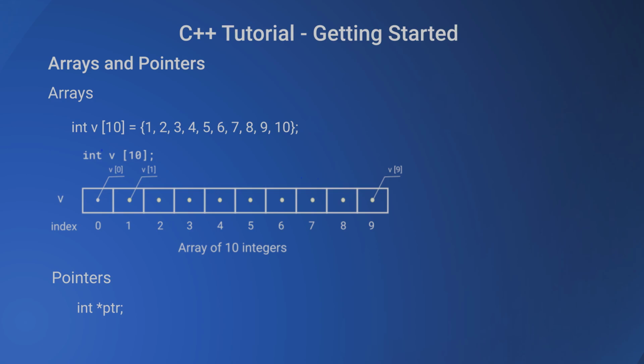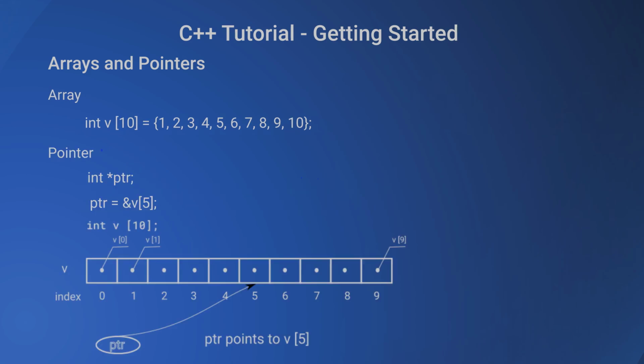Star is a declaration operator. It means pointer to. The unary ampersand operator gives the address of a variable. For example, we can say ptr is equal to &v[5]. Now ptr has the address of array element v[5] and it points to the element v[5]. As ptr points to v[5], we can access v[5] as *ptr.